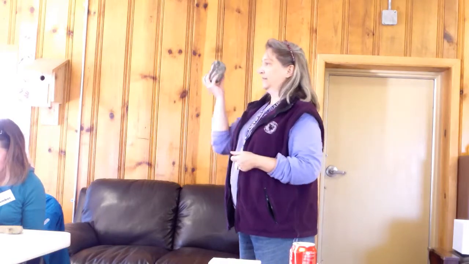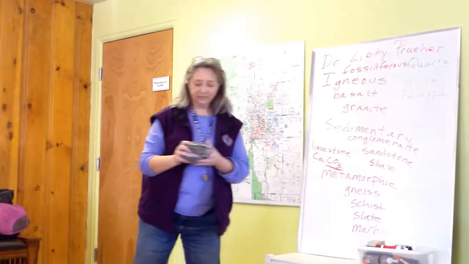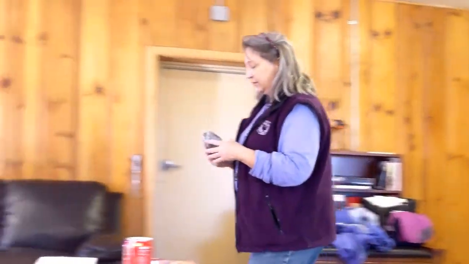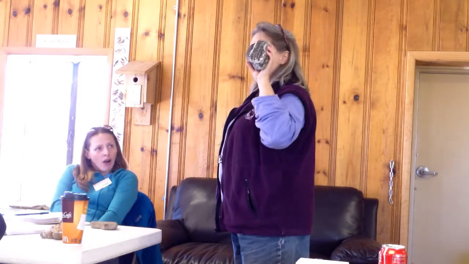And now we're going to go to a rock that's been exposed to a lot of heat and pressure. This is called a gneiss. So that's the top one here. Gneisses, you can tell because they're going to be layered. So you can look at this one here. It's got black and white layers. And gneisses in composition are very similar to granite.